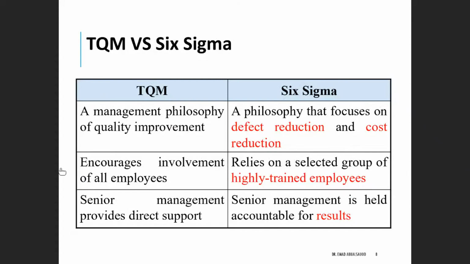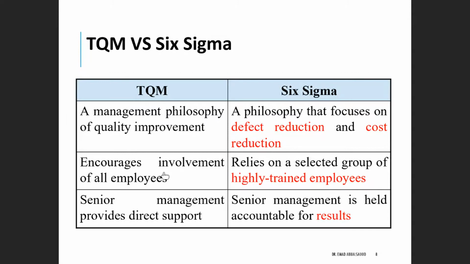When we compare Six Sigma and traditional quality methods like Total Quality Management, TQM, we see that TQM is a philosophy of quality improvement, whereas Six Sigma is also a philosophy but focuses on reducing defects and reducing cost. So it's very precise and specific in terms of focus. Here, it's overall improvement of quality.